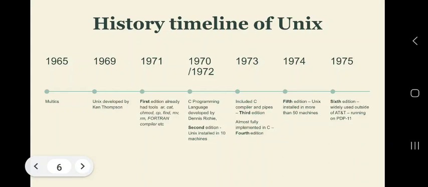Okay, so to quickly look at the timeline of Unix, up to 1975. The 1960s saw Multics, and in 1969 Ken Thompson developed Unix. In 1971 they had what they called the first edition of the Unix operating system, and it already had some of the tools that you see even today, such as chmod, the find tool, and a remove command for file systems.